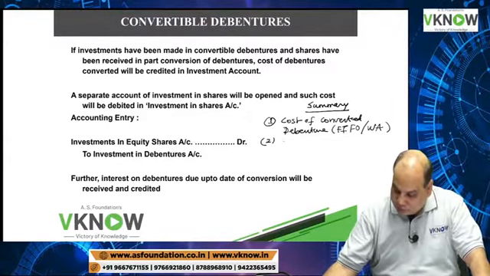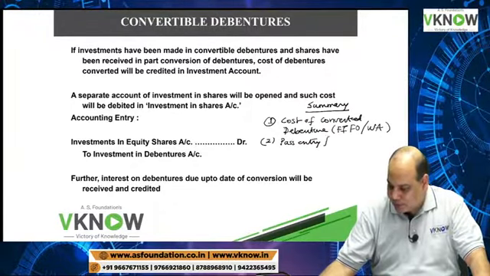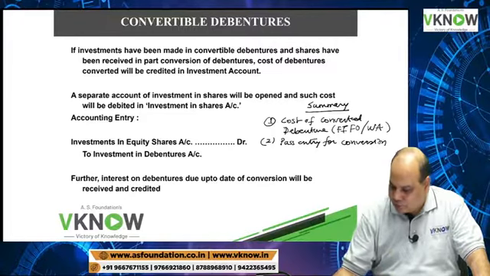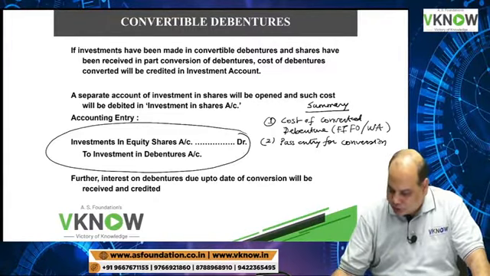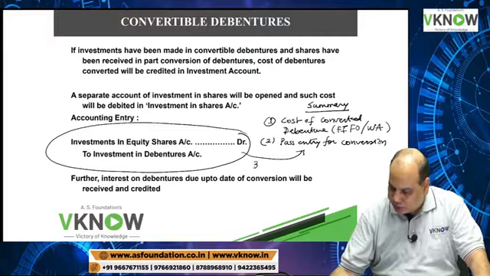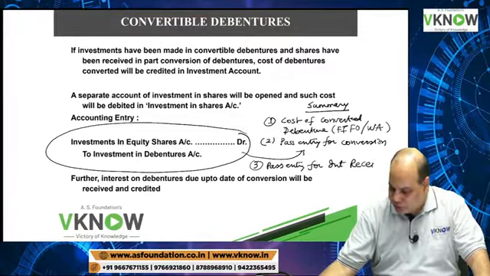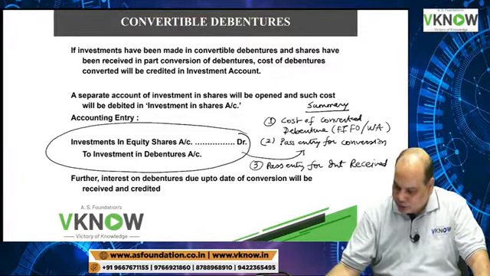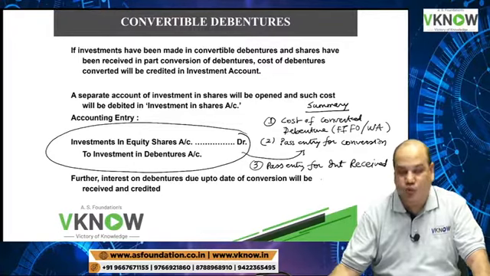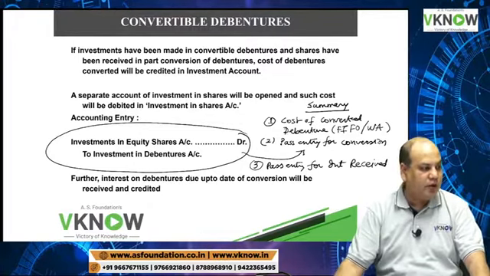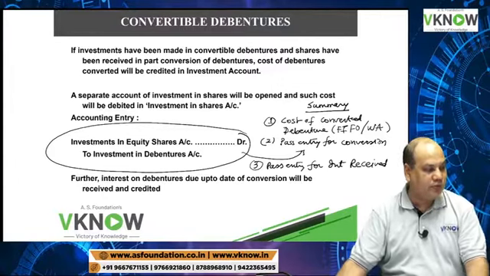Then you will pass entry for conversion, which is this entry. And then you will pass entry for interest received: bank account debit to interest received.